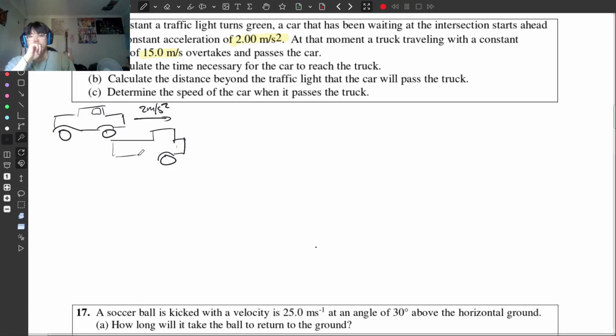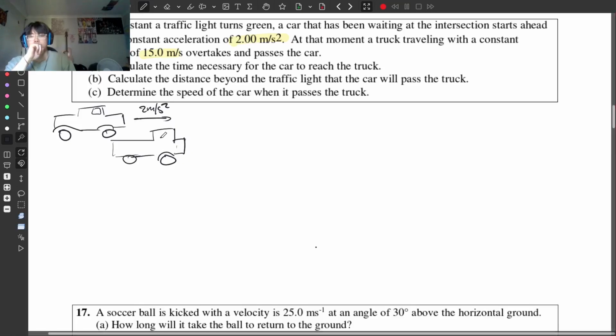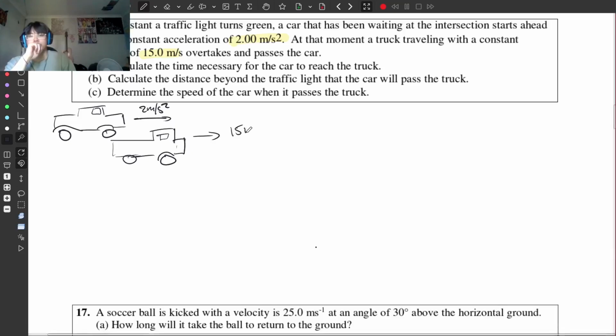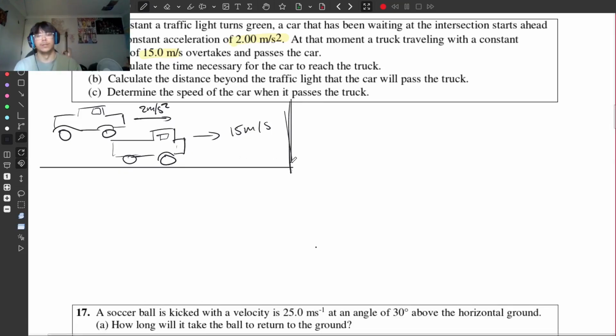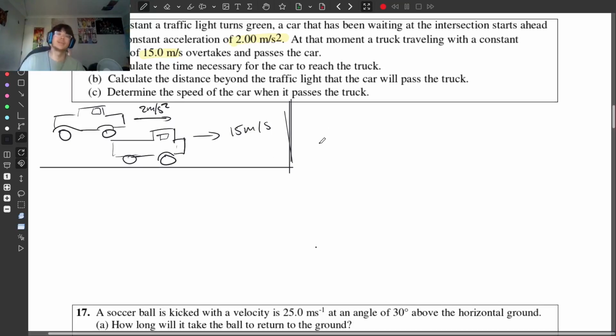So this truck is traveling at 15 meters per second. Now, what is the time necessary for the car to reach the truck? So we're going to use a kinematic equation.